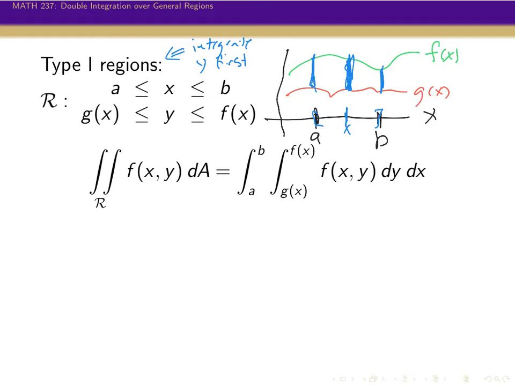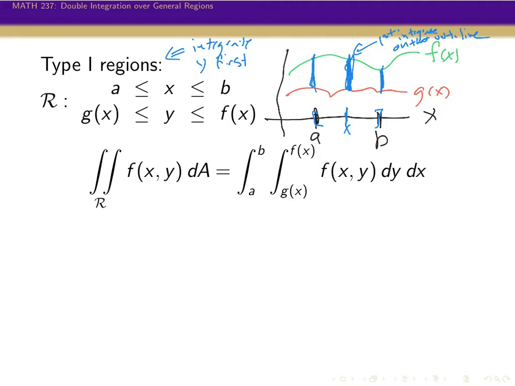First, we integrate on that vertical line above x. That's going to get rid of the y's, and then we can just integrate all the x values we get from that, from a to b.